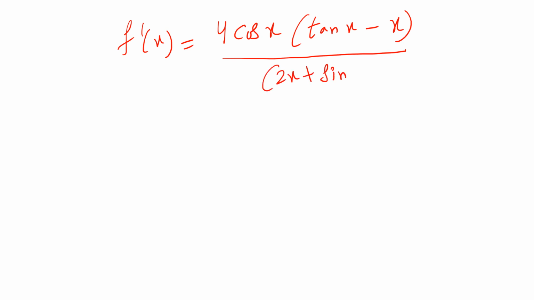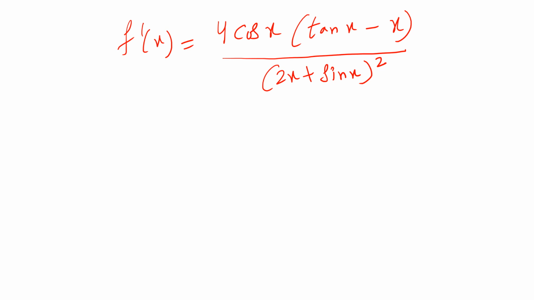Now we know that f dash 0 is equal to 0. But to decide whether at x equal to 0 it is local minima or local maxima, we will have to apply first derivative test. And for this purpose, we will have to find the sign of f dash x in the left and right neighborhood of x equal to 0.